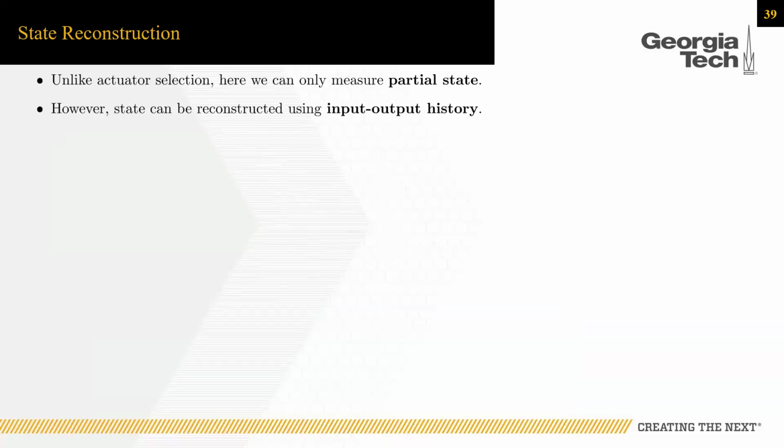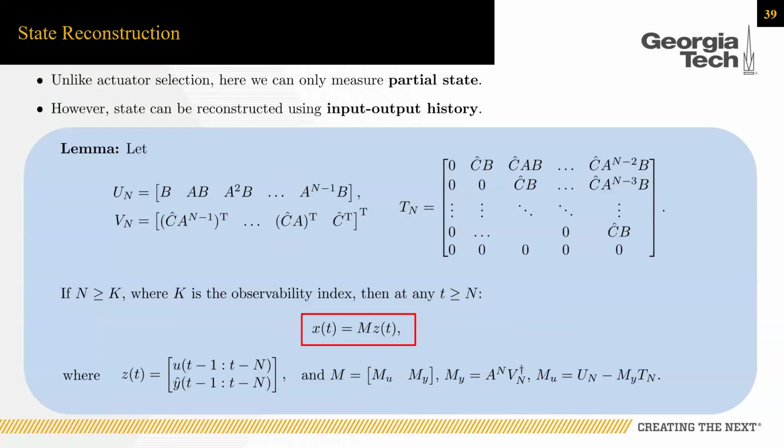This is what I just said, and the idea behind it is very easy to understand. I have a state. I can write every state as a sequence of previous inputs and previous outputs by writing it with respect to controllability, observability, as well as the Toeplitz matrices.